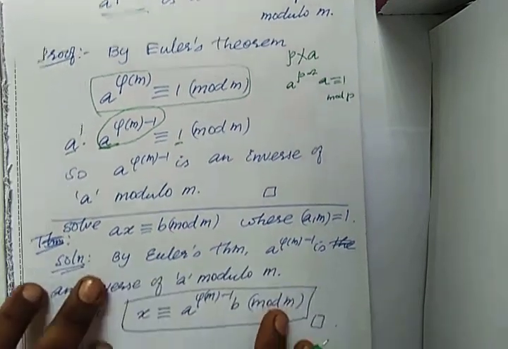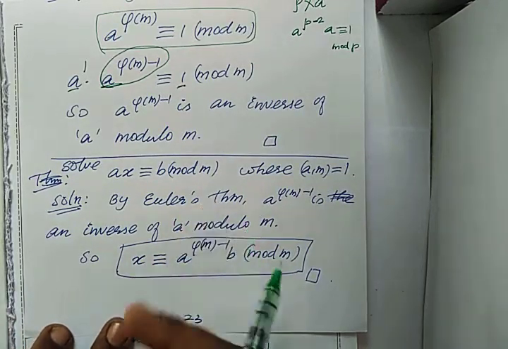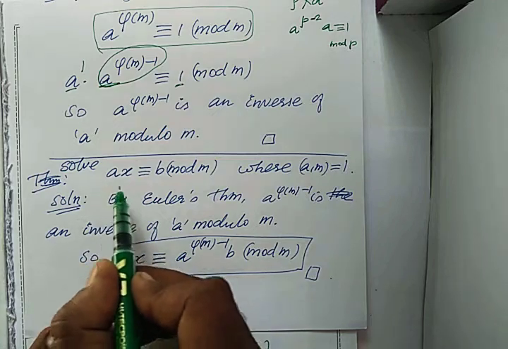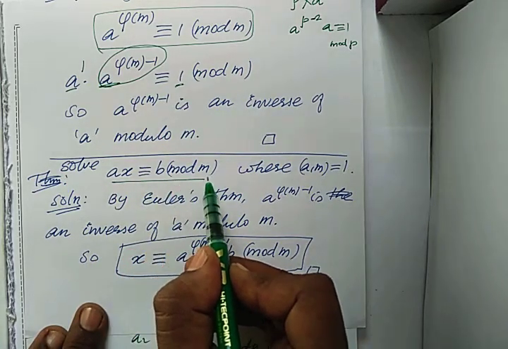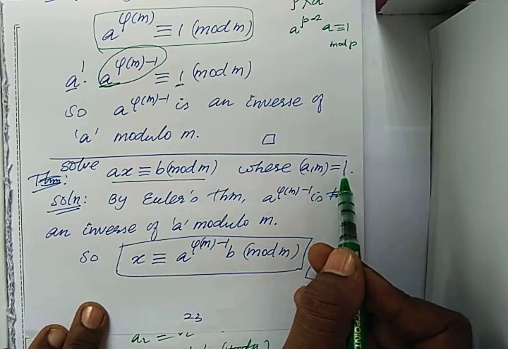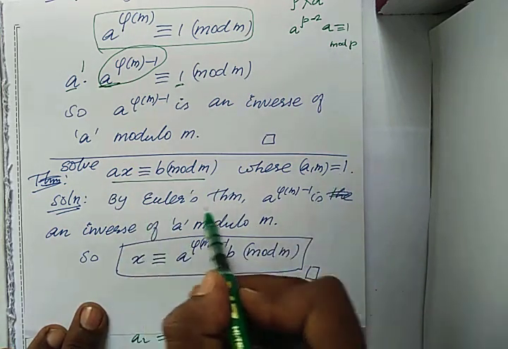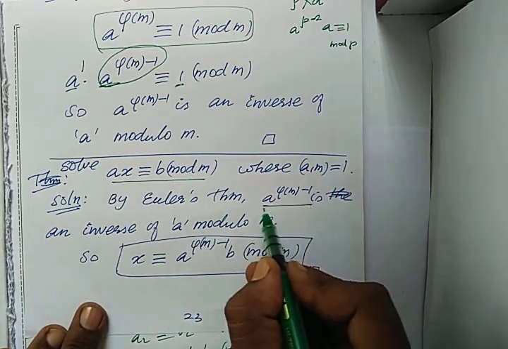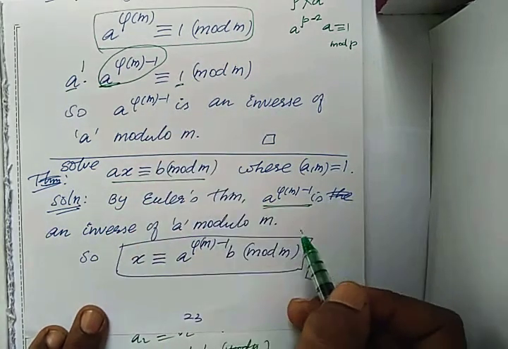That's all. What is the use of this? We can solve this equation very directly. Solve the equation ax is congruent to b mod m, where a and m are relatively prime. By Euler's theorem, a to the power phi of m minus 1 is an inverse of a modulo m, as we have just seen.